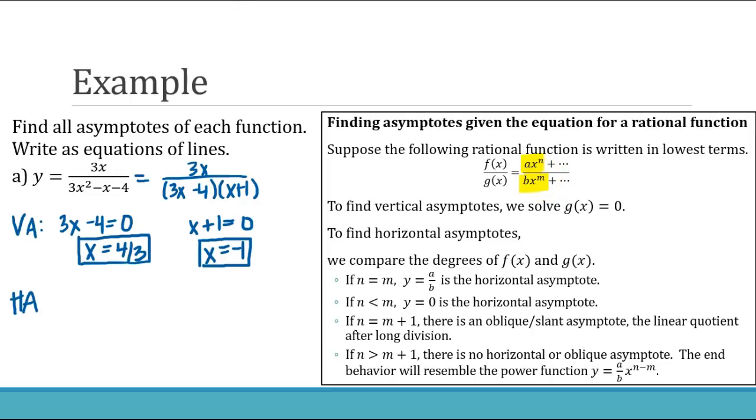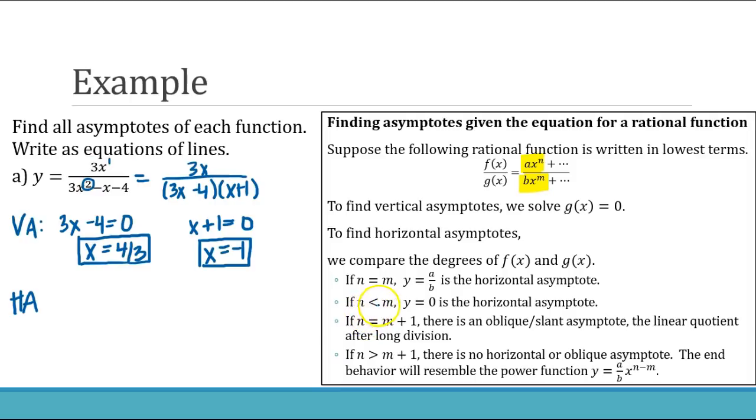So looking at our example, our numerator is to the first power, so 3x to the first, it's linear, and our denominator is 3x to the second, so it's quadratic. So let's see what happens. Well, if n equals m, if the degrees match each other, then y equals a over b is the horizontal asymptote. So that means the leading coefficient over the leading coefficient. Well, they're not the same in our example. The top is 1 and the bottom is 2.